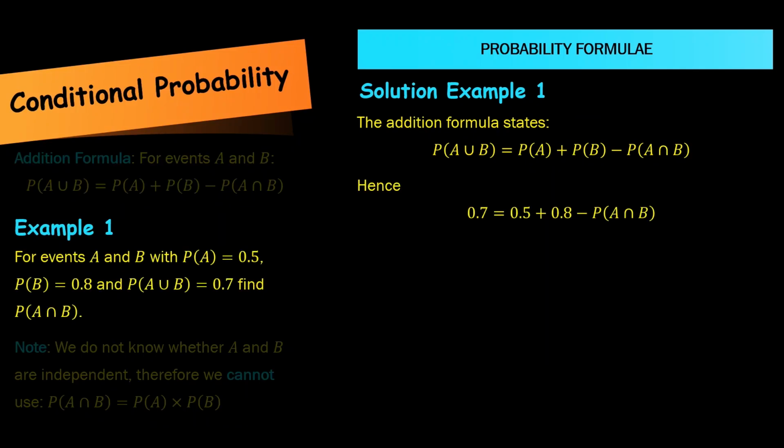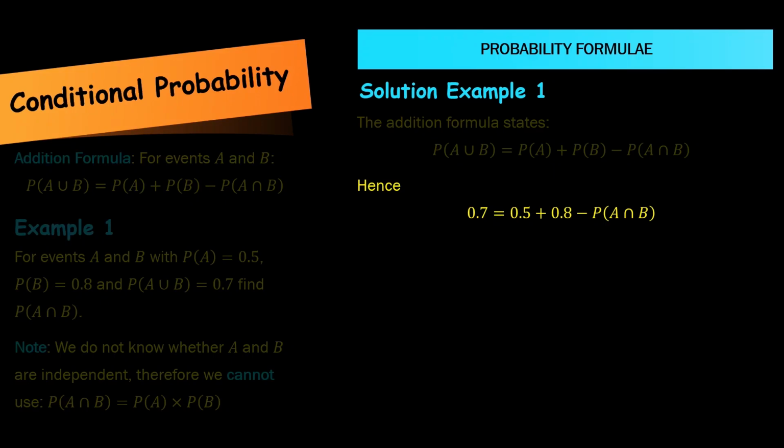We have probability of A union B equals 0.7, probability of A equals 0.5, probability of B equals 0.8, and now we can find probability of A intersect B. So rearranging this gives us that the probability of A intersect B equals 0.6.